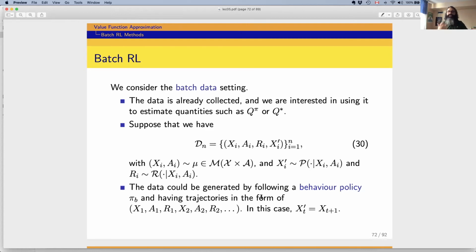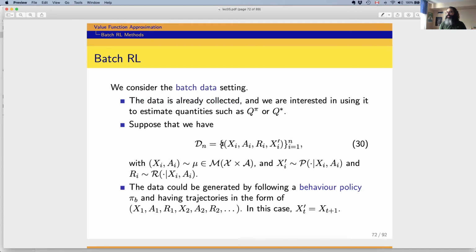The TD method is an example of it. Here the setting is a batch setting, where the data is already collected and the agent is not interacting with the environment anymore. Now we are interested in using it to estimate quantities like Q pi or Q star. So what is the form of the data?